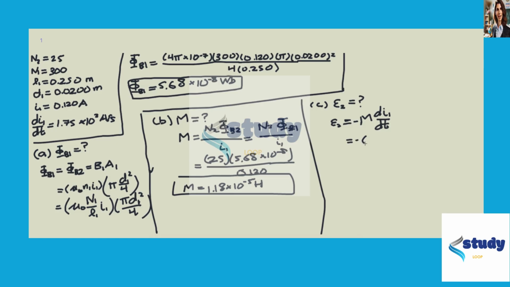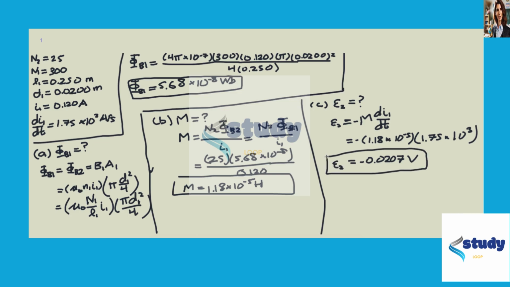In order to find that, recycle our answer from the second part. And finally make use of that changing current. Plug that into a calculator and then you get an induced EMF of this. And we're done.